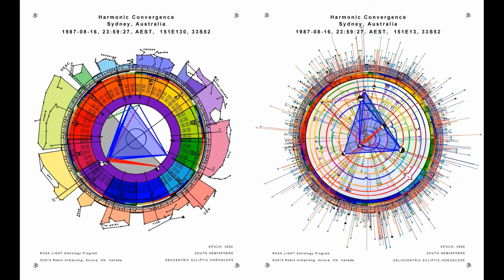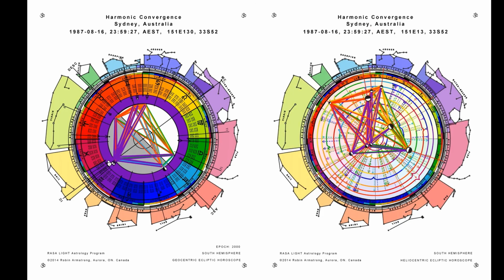So everything is spheres within spheres within spheres. Suddenly you get to see you're dealing with different textures of light at different spheres of energy. And this is just a pattern type of it, from the geocentric chart to the heliocentric.